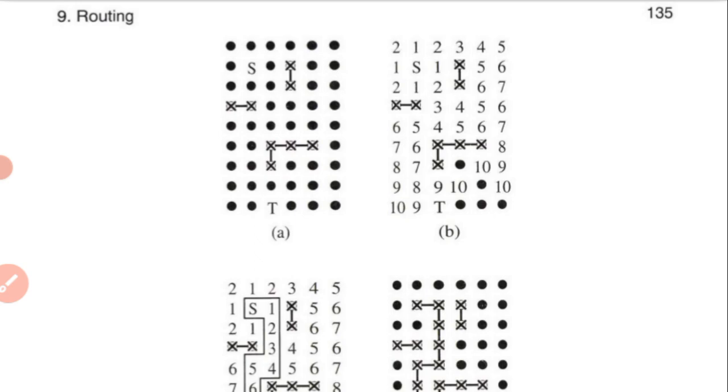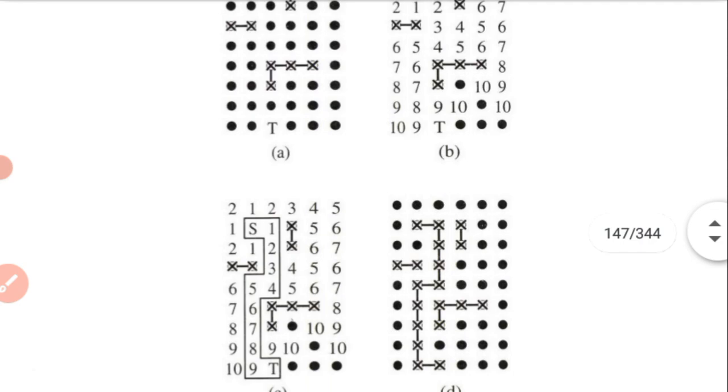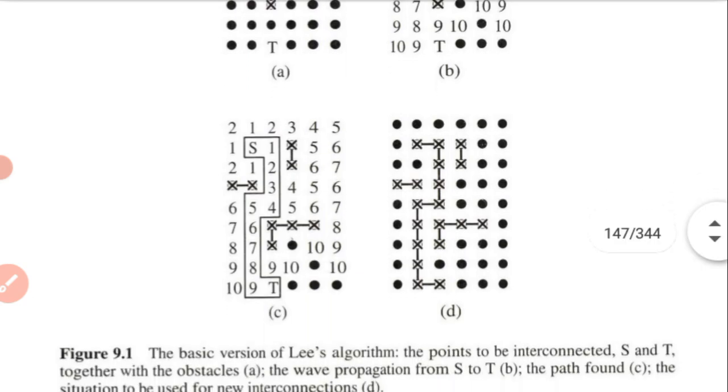Then they check for the connection. When we make an interconnection between source and terminal, there are many things we have to consider. The connection must be a shortest path, and the crossings must be fewer. In the third figure, it shows a possible path.